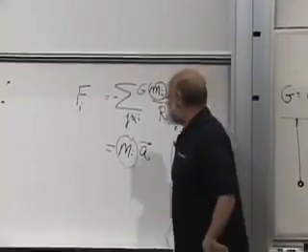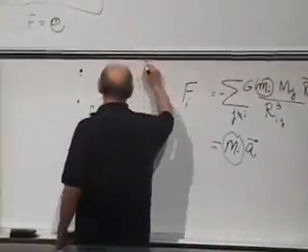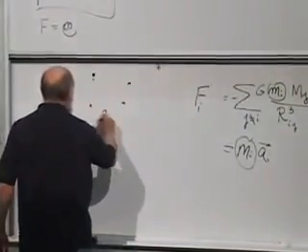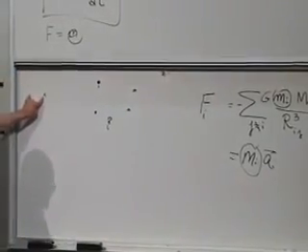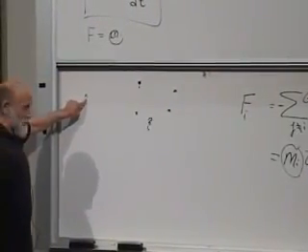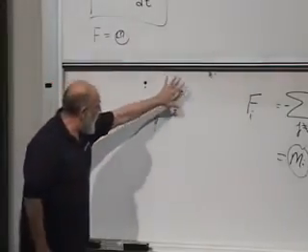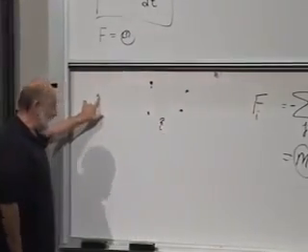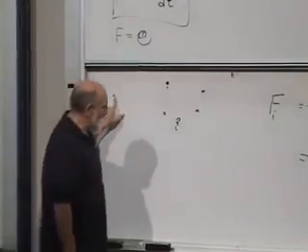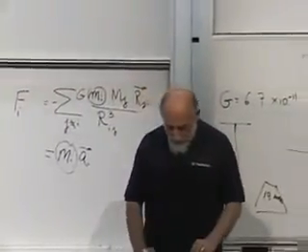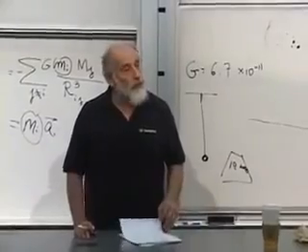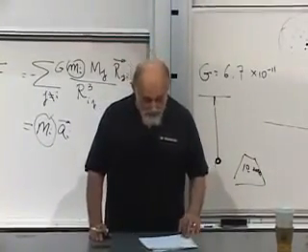So what that means is if we had a whole bunch of particles here, and we added one more over here, its motion would not depend on the mass of that particle. It depends on the mass of all the other ones, but not on the mass of the ith particle. Okay, that's, again, the equivalence principle, that the motion of a particle doesn't depend on its mass.